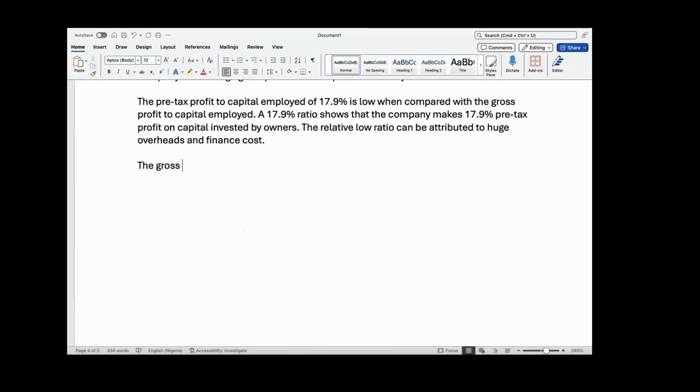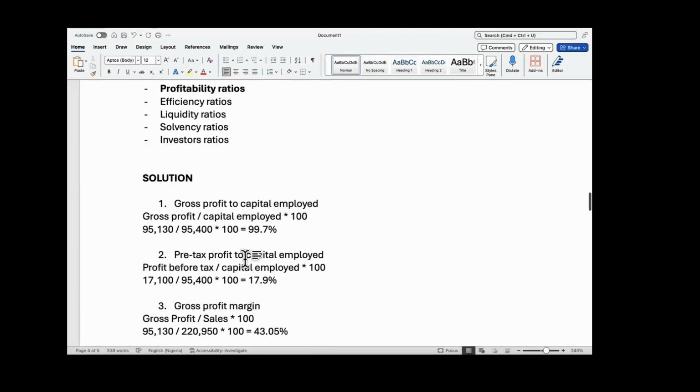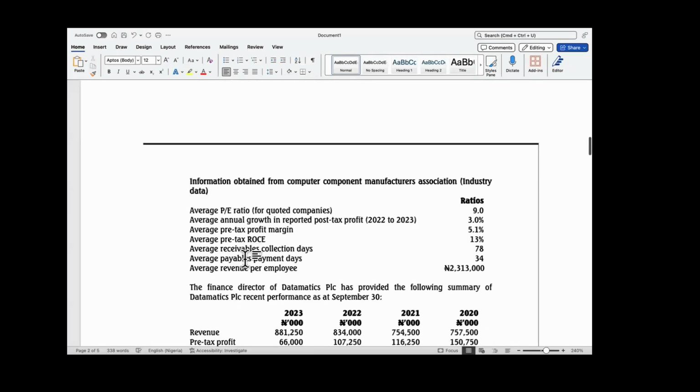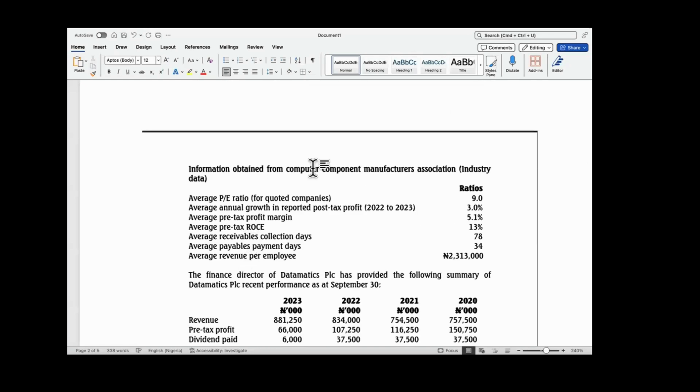Say the gross profit margin of 43%. Did they give me an industry average for that? Gross profit margin for industry? No, we're not given.